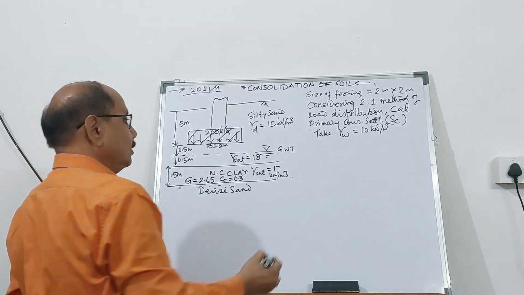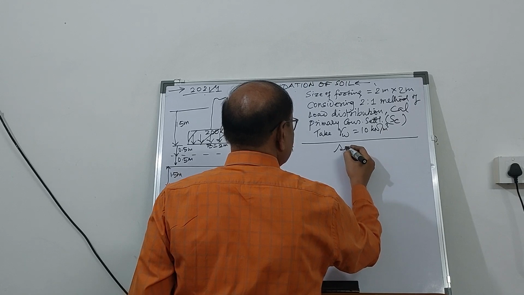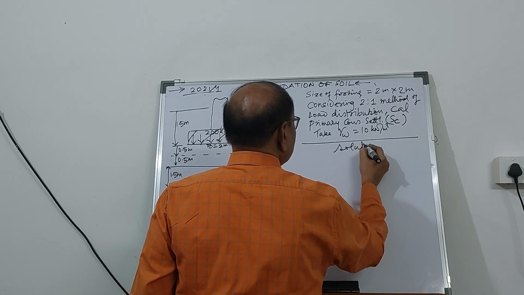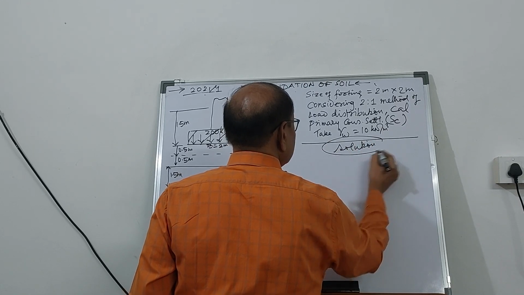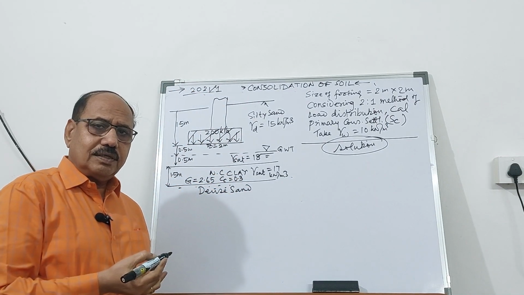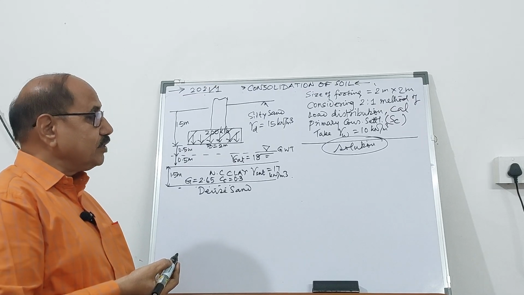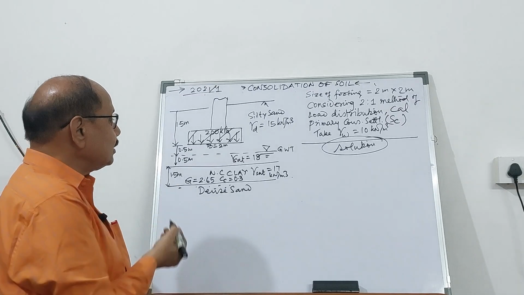Well, a simple problem. If you know it, you can find out the solution of this problem. I have solved good number of problems in my previous videos on this.